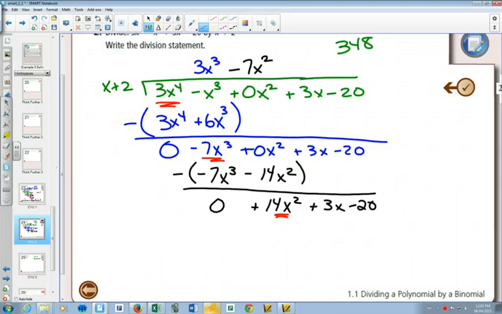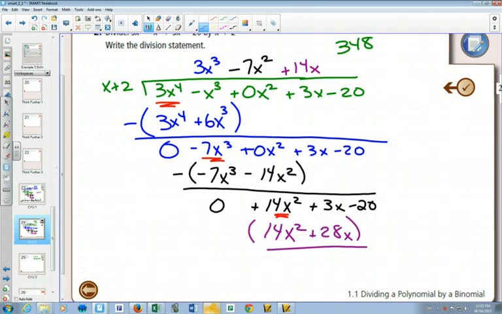I'd have to multiply by plus 14. Oh, we didn't finish. I'll finish it up anyways. Plus 28x. The rest you can do on your own, but if you want to watch the end of it, then you can at least see it. And when we subtract this, 0, negative 25x.